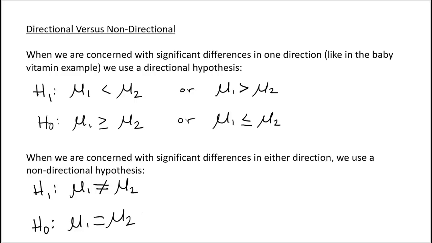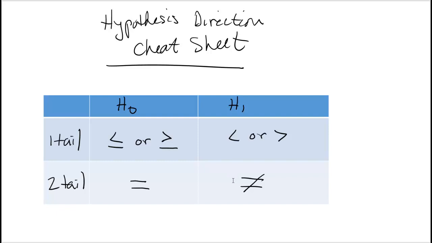Here is a cheat sheet that you can use to help you keep your symbols straight. For the null hypothesis, one-tailed is either less than or equal to or greater than or equal to. And for a null hypothesis with two tails, the symbol is equal to. For an alternative hypothesis, the symbol is either less than or greater than, or for a two-tailed alternative hypothesis, the symbol is not equal to.